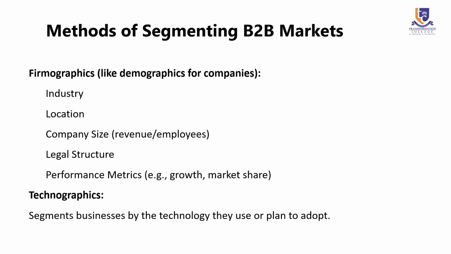Technographic segmentation groups businesses by the technology they use or plan to adopt. Some organizations are just a Microsoft shop. When I say a Microsoft shop, all they use within that organization is Microsoft, end to end. Their on-prem, their cloud architecture, everything is Microsoft.